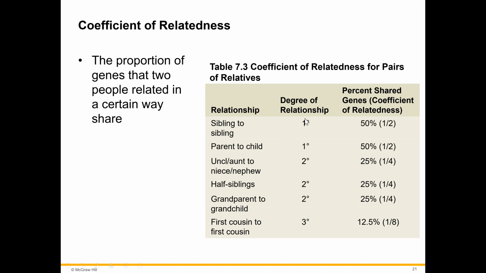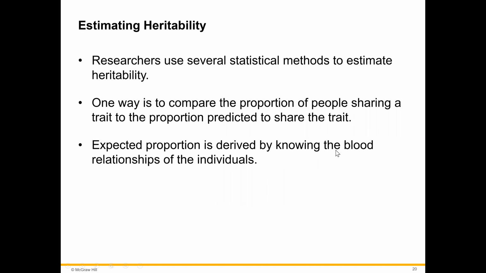When we see this degree of relationship and the percentage of shared genes, we can estimate how much of this illness or trait is determined by genetics. We predict based on our knowledge, then we make observations and compare, and then we can estimate heritability.